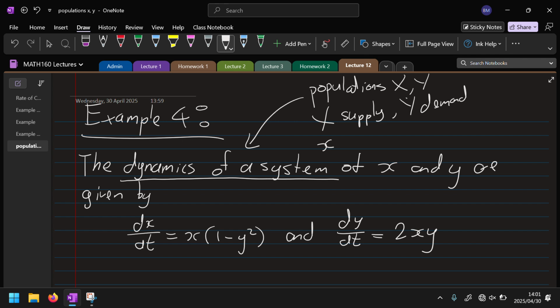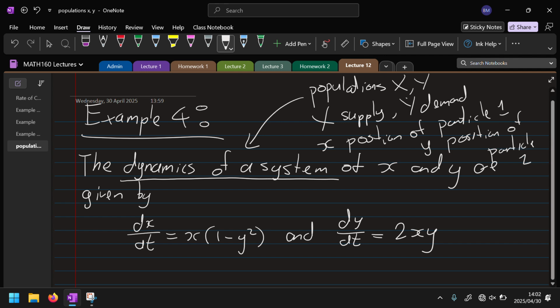Or you can have x being the position of particle 1. Y is the position of particle 2. Okay, and then dx by dt, that's the speed of particle 1. dy by dt, that's the speed of particle 2. And there's some equation describing the two. Okay, maybe there's some forces between them or something like that.